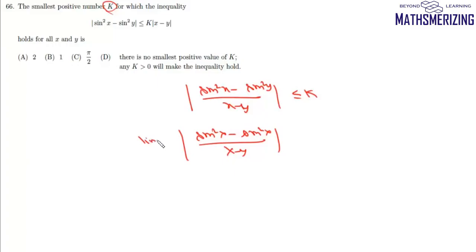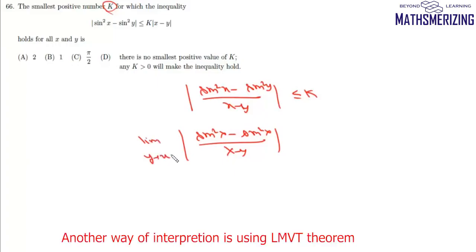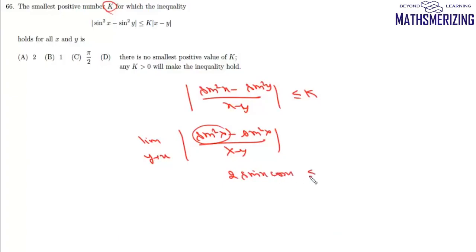If we take the limit y tends to x, then we know that it is nothing but f(x) minus f(y) upon x minus y, which is nothing but the derivative of sin square x. So it will be 2 sin x cos x, and it is less than or equal to k. So we can write sin 2x is less than or equal to k.